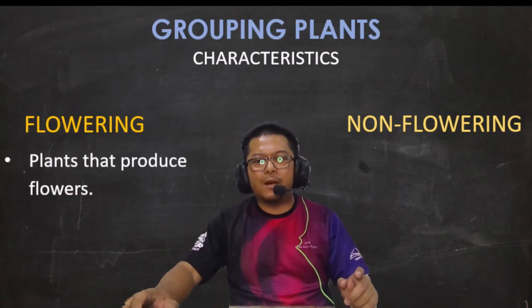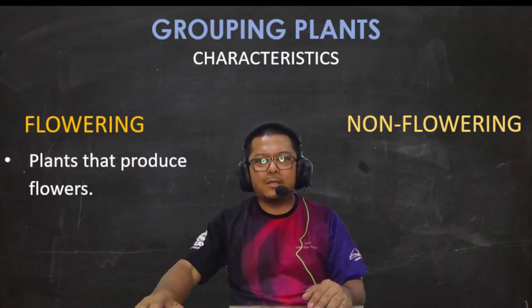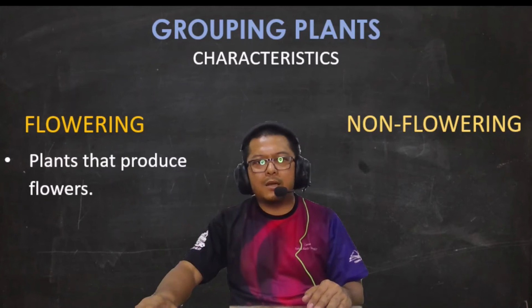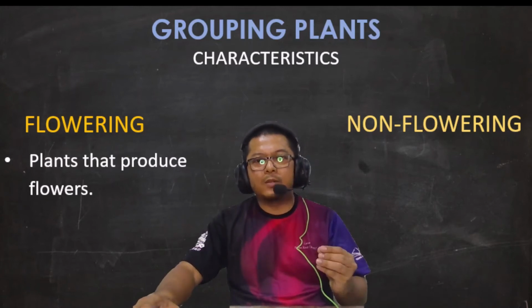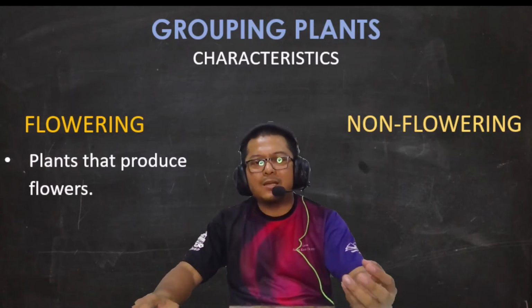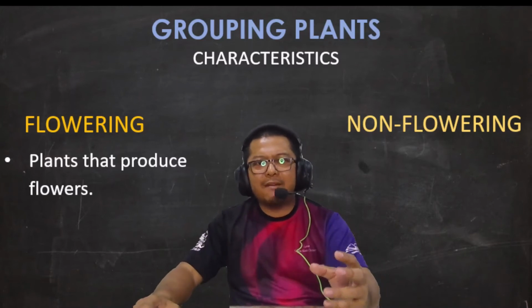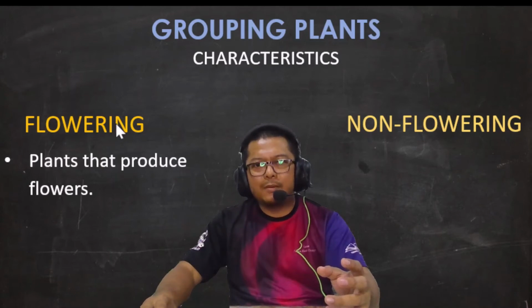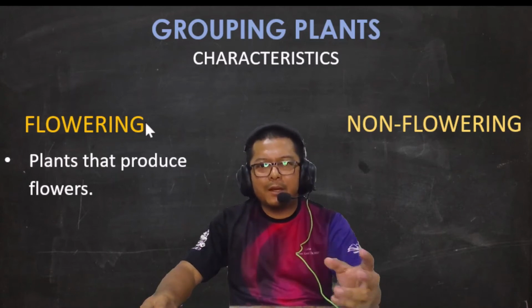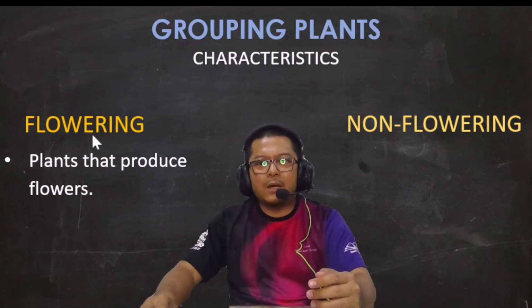That is flowering plant. Remember here, flowering plants are plants that produce flowers, that grow flowers, that give out flowers. It is the same meaning. So any plants that have flowers can be called flowering plant. If it produces flowers, you call them flowering plant.